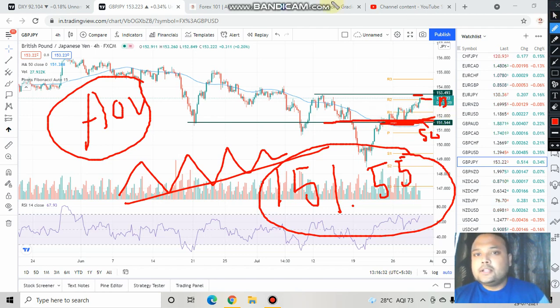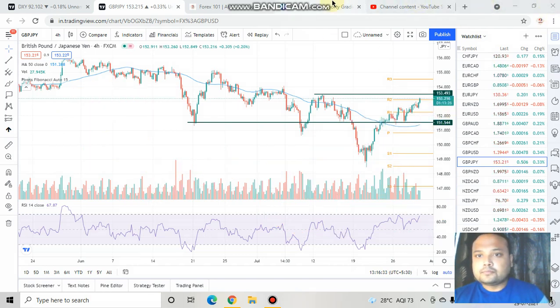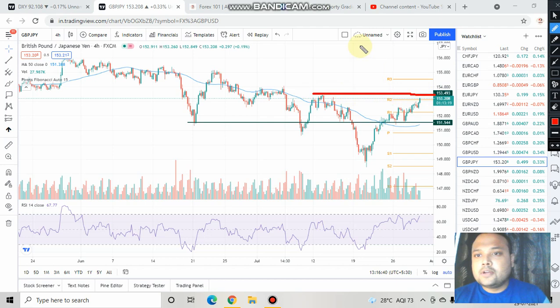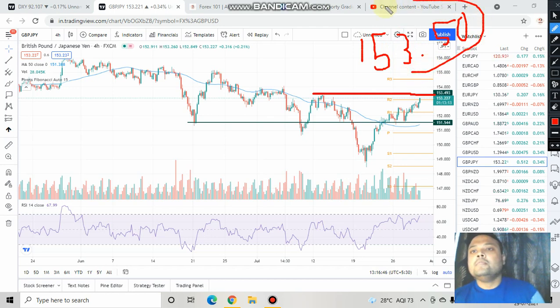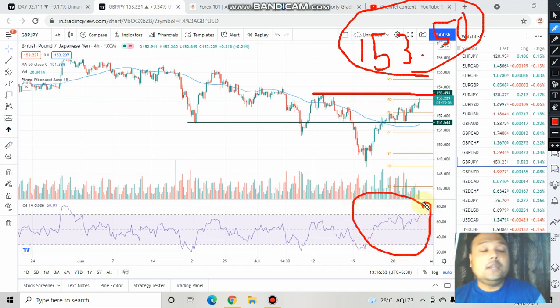And if you look at the chart here, you can see that this level, 153.50, has a potential of acting as a resistance for the market. Moreover, market is also in the overbought zone, and there is also a divergence here.